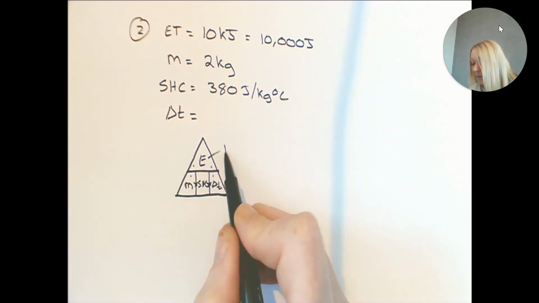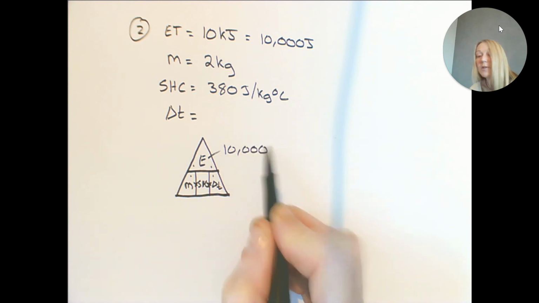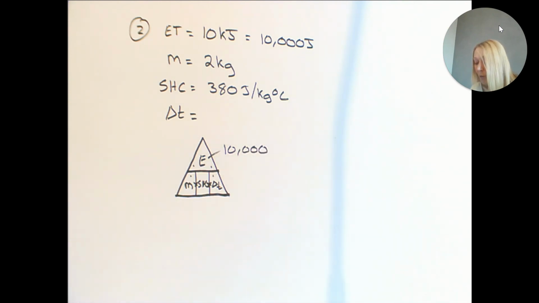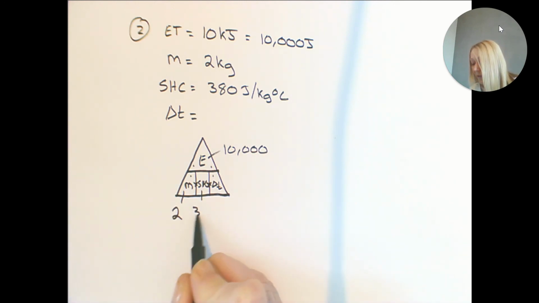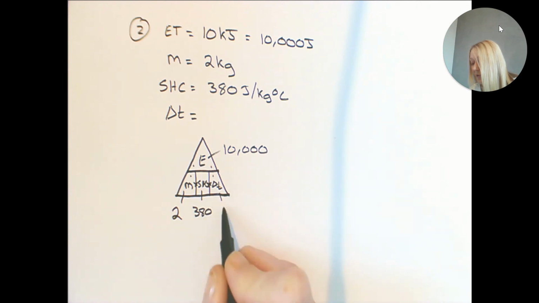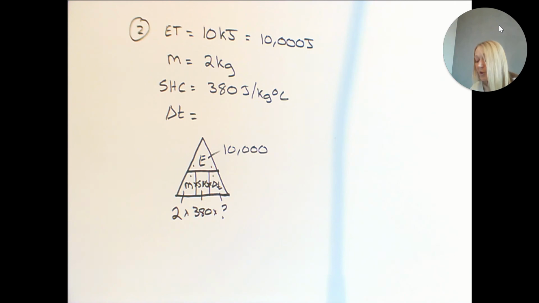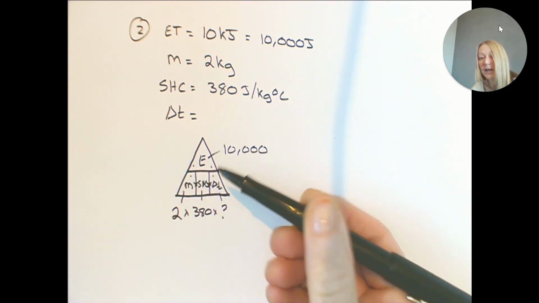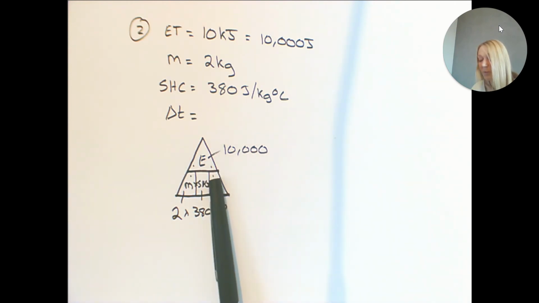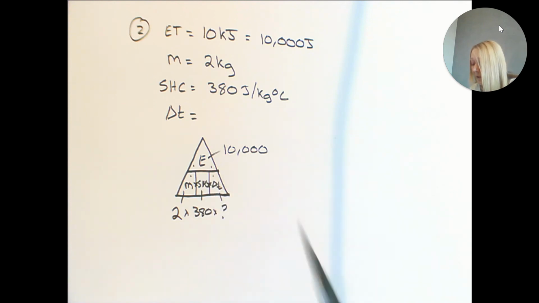And so we can plug in here, we've got 10,000 joules is the energy. We were given a mass of 2 and a specific heat capacity of 380, and this was our question mark, and we know these are times. So we know this is our divide line, and as we always do, we cover up the one we don't want.